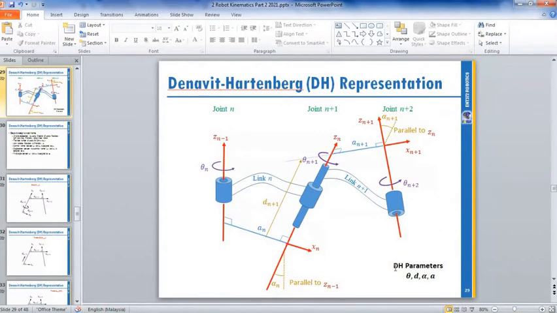This is special for DH. So these are the parameters used in DH: theta and d for z, alpha and a for the x axis.